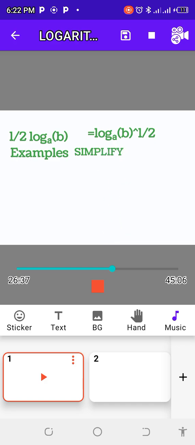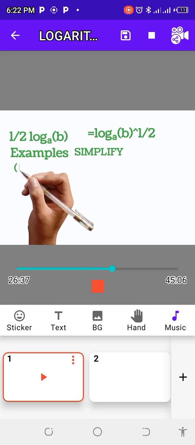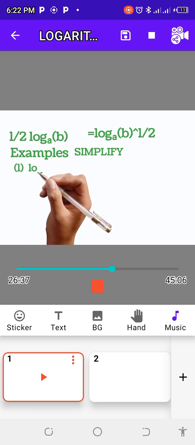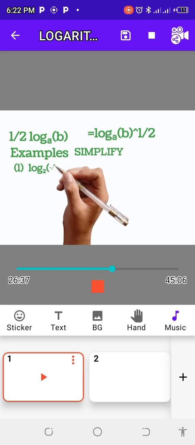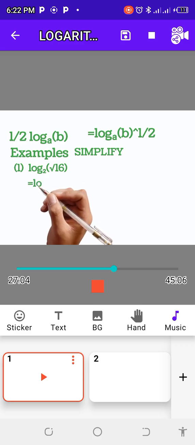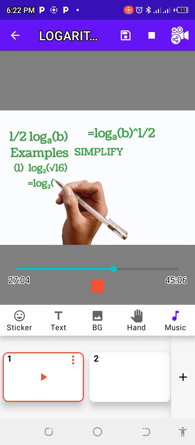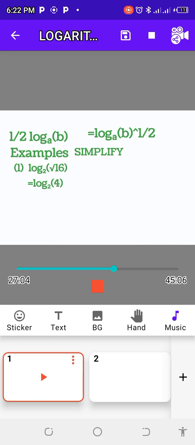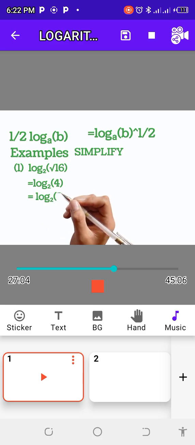Examples. I'll simplify: 1. Log of the square root of 16, base 2. The square root of 16 is equal to 4, and now it becomes log 4 base 2.